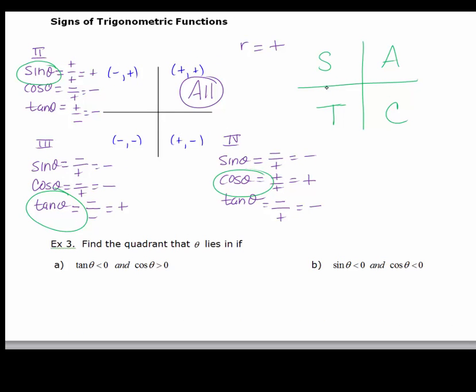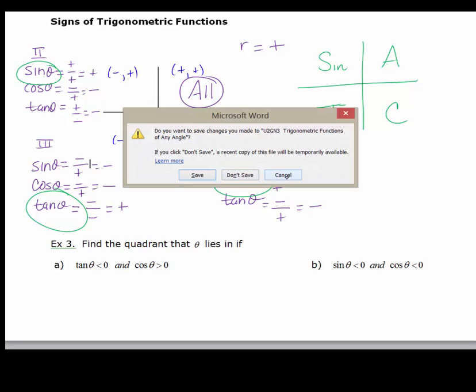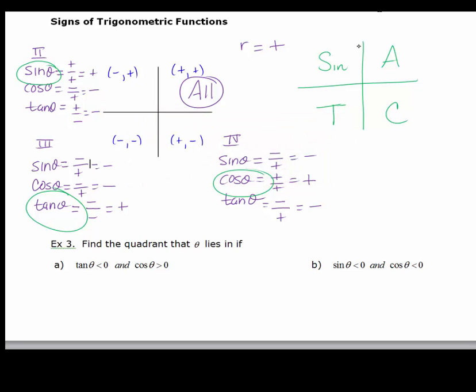What that means, so this ASTC means that the sine and its reciprocal are positive in the second quadrant. The tangent and its reciprocal are positive in the third quadrant. The cosine and its reciprocal are positive in the fourth quadrant, and all are positive in the first.